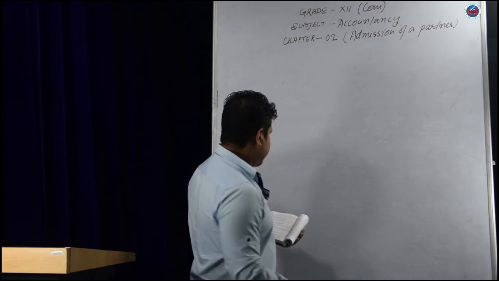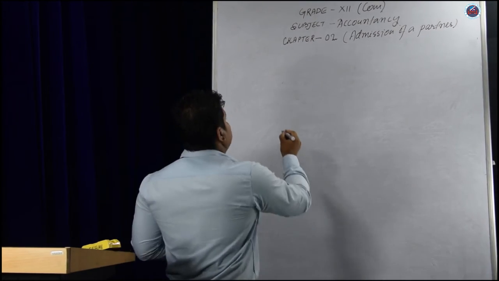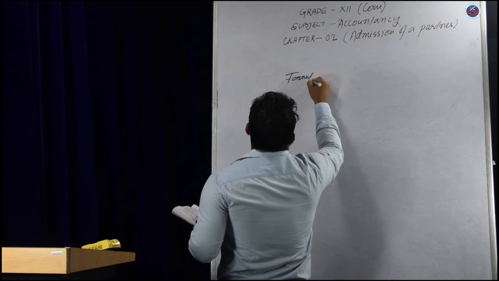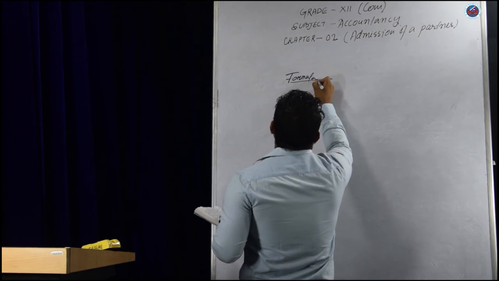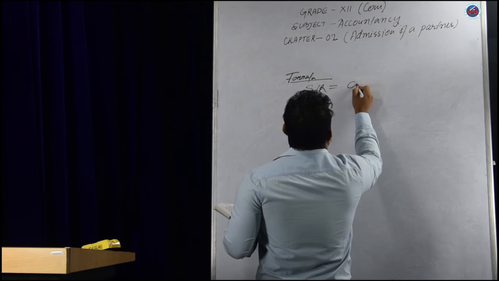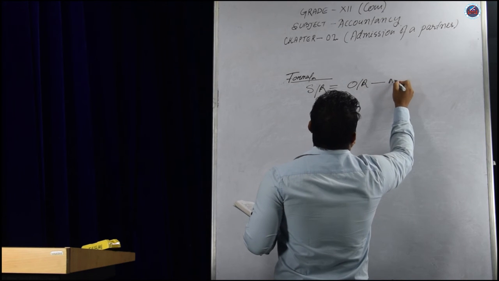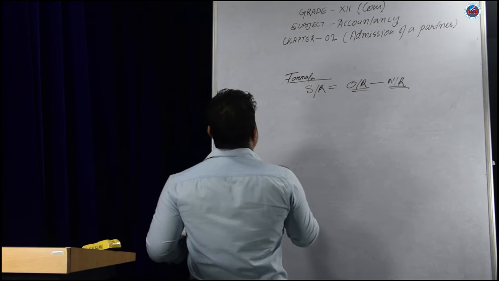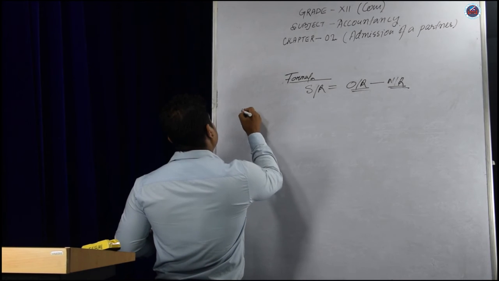Okay? The formula of sacrificing ratio is old ratio minus new ratio. So it's given in question 11.